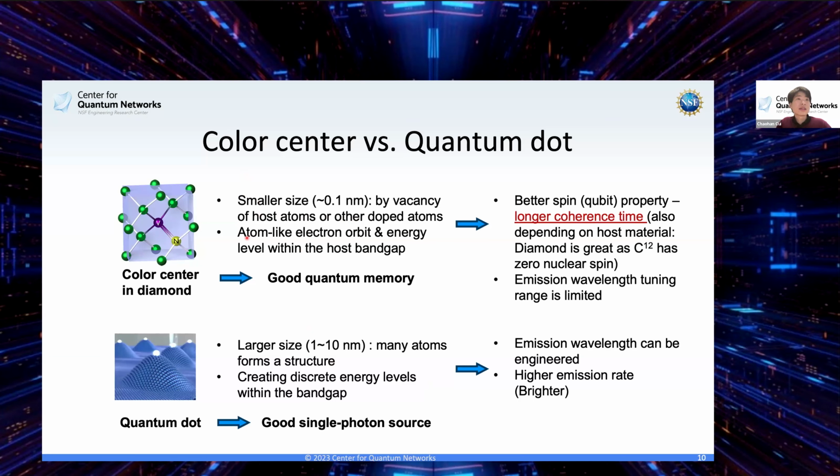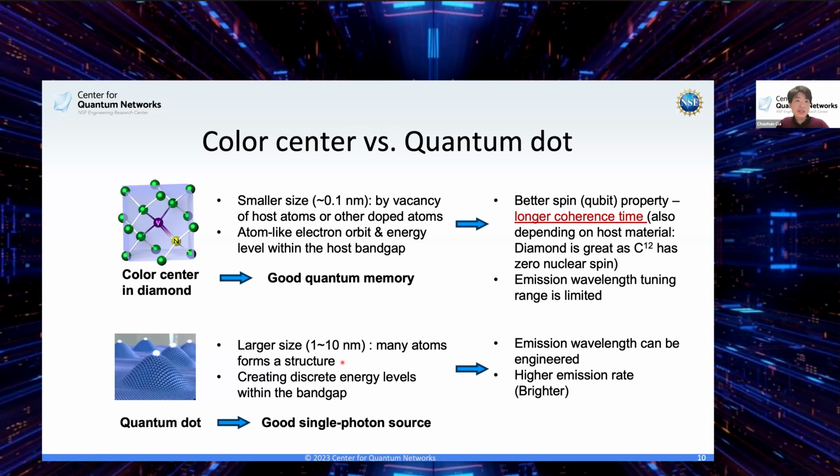It has an atom-like electron orbit, and the energy level is discretized. The quantum dot has a larger size. In three dimensions, it's probably 1,000 times larger than the color center. It is formed by many atoms into a macroscopic structure.